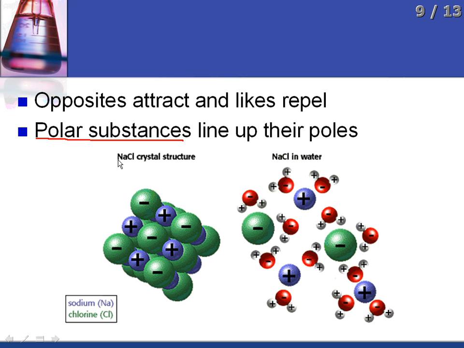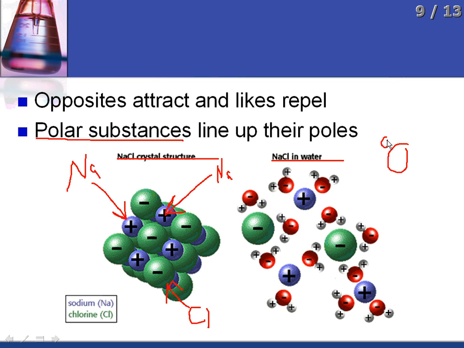So let's say we have sodium chloride crystals, salt crystals. Those have the blue positive side, which are the sodiums, and the larger green negative side. The chlorines are pulling all the electrons. When you dissolve them in water, you find that the water molecules, which also, remember, have a negative side and a positive side, line up.